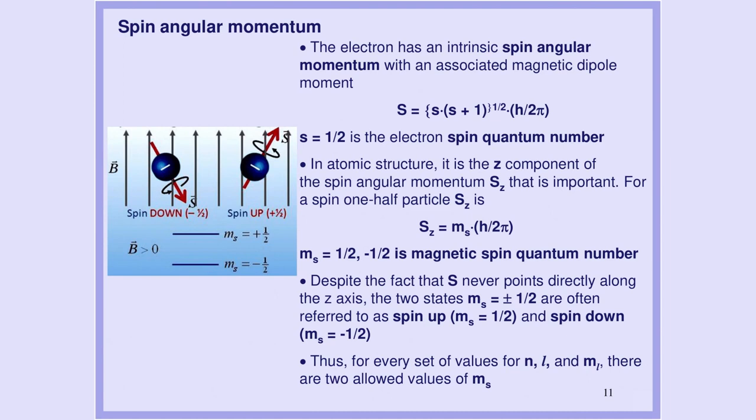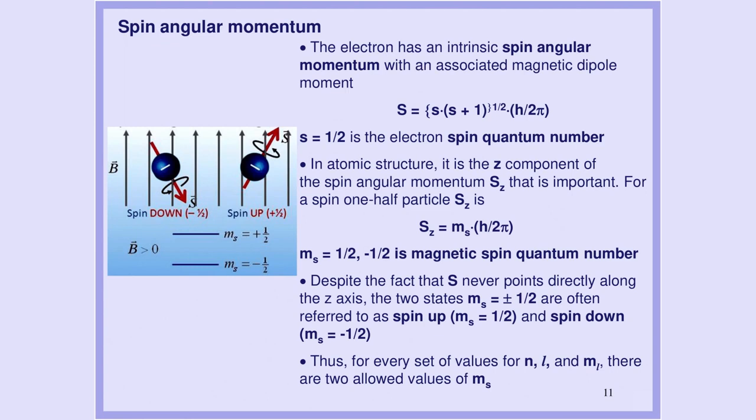And m with the index s is the magnetic spin quantum number, which has two possible values: plus 1/2 and minus 1/2.